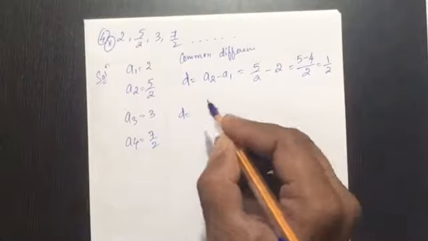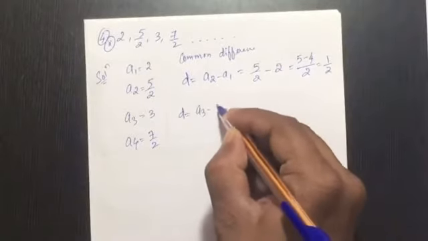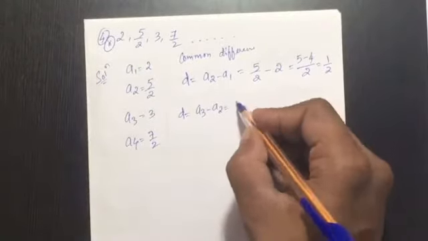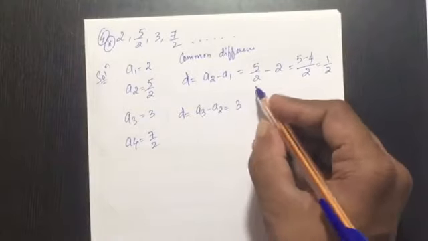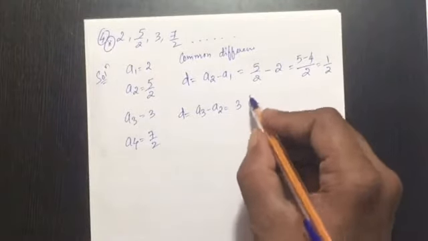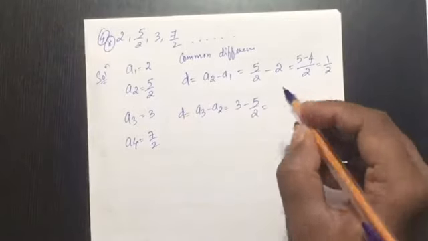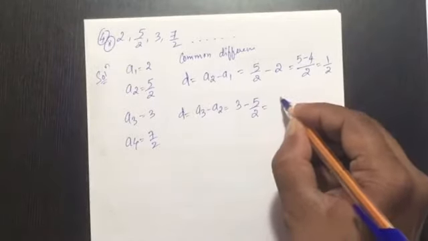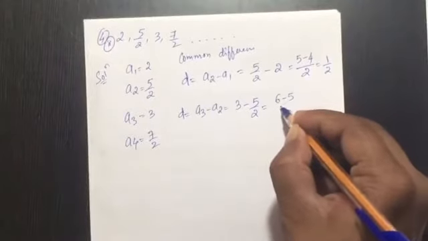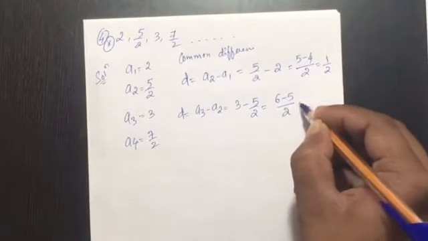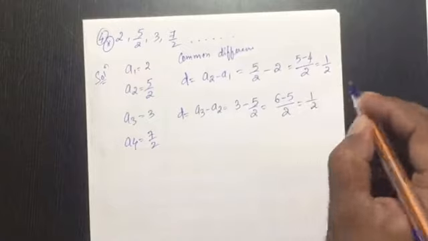Similarly, A3 minus A2. What is A3? A3 is 3 minus A2 is 5 by 2. This is equal to 6 minus 5 by 2, this is equal to 1 by 2.